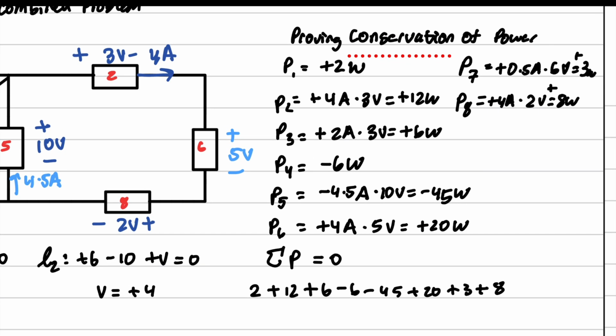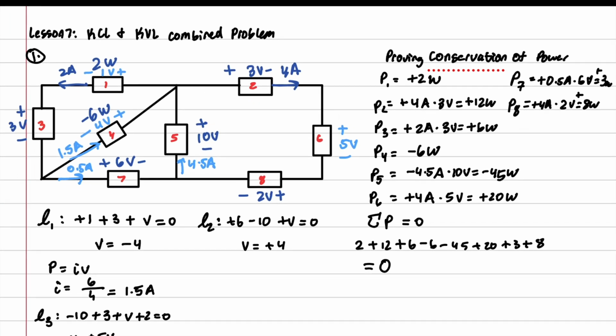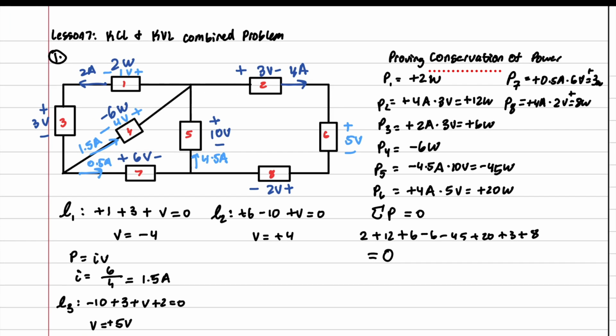And using a calculator, please use a calculator, because you will make stupid mistakes. I have, and so I'll get back to you right when I get my calculator. And adding it all up, we get 0. So we are good. So this is how you do a problem with everything combined.